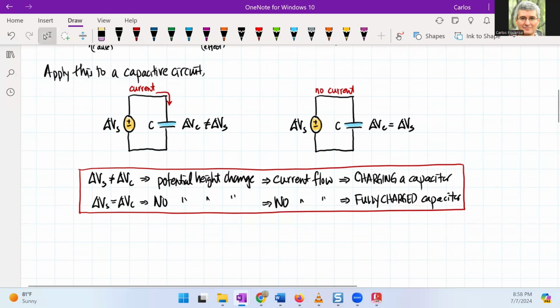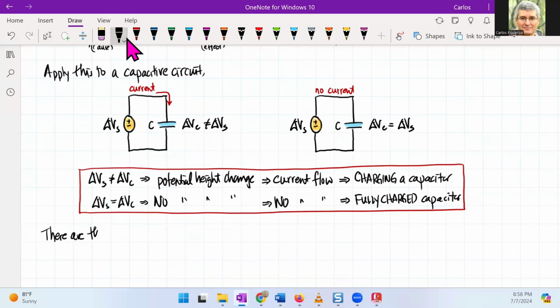So now let's go look at the three stages of the capacitance of charging. There are three stages in charging up a capacitor.